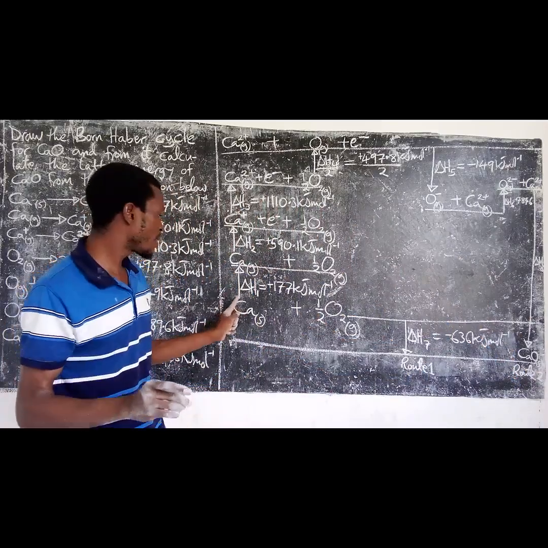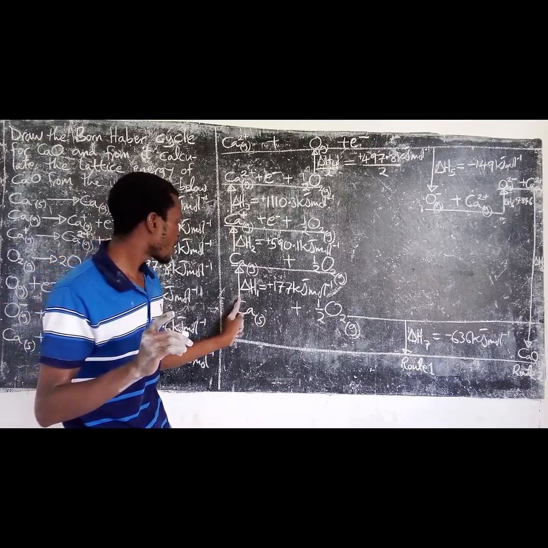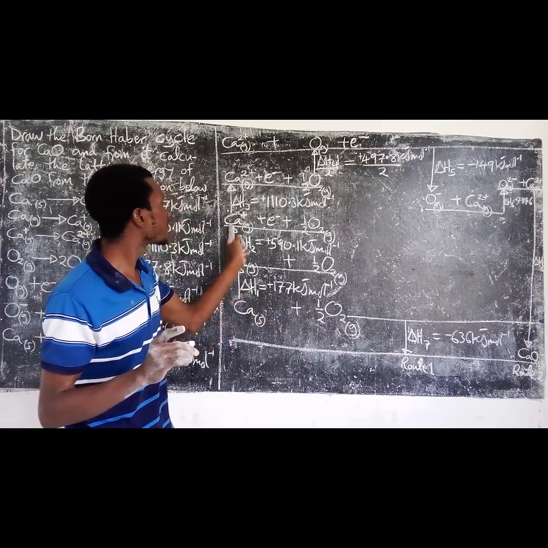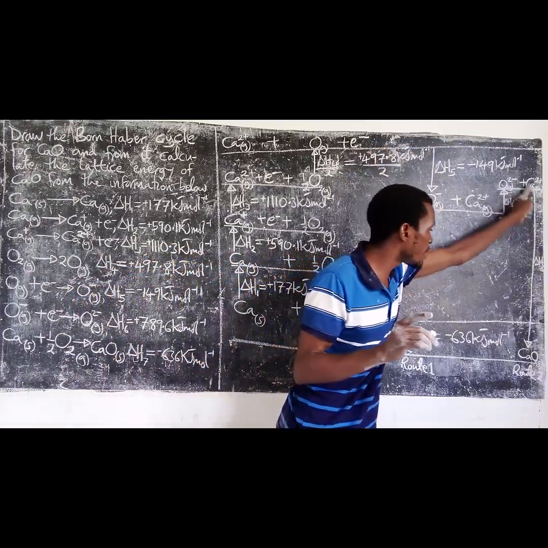Route 2 consists of a series of energy changes from this point up to all this series.